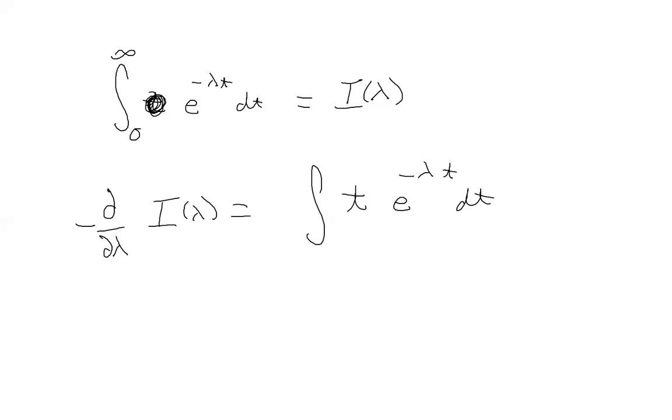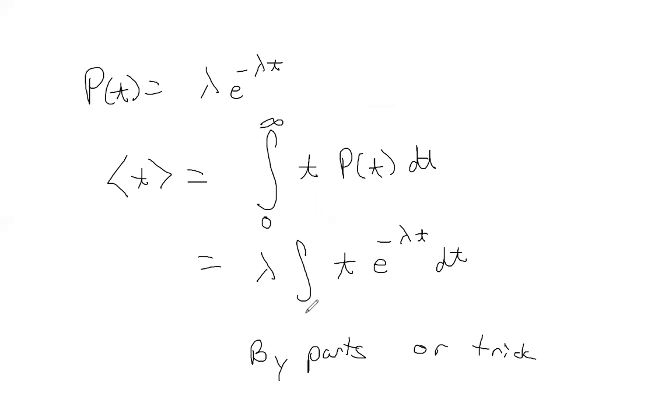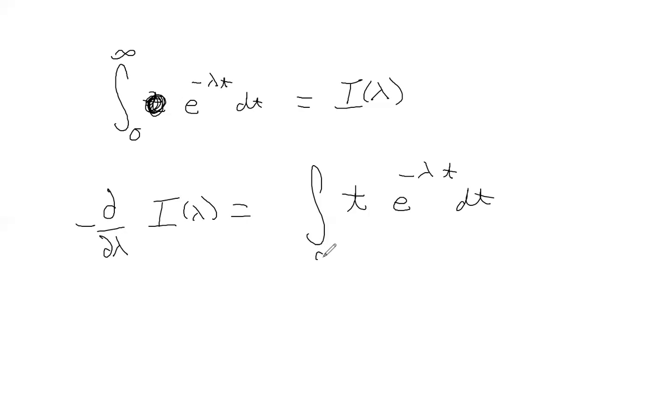But on the other hand, from the previous problem, that integral just equals 1 over lambda. So what I find is that this integral should be minus d by d lambda acting on 1 over lambda, which is equal to 1 over lambda squared.